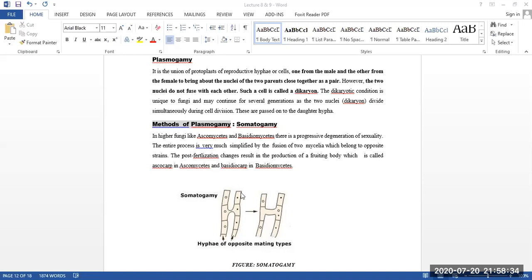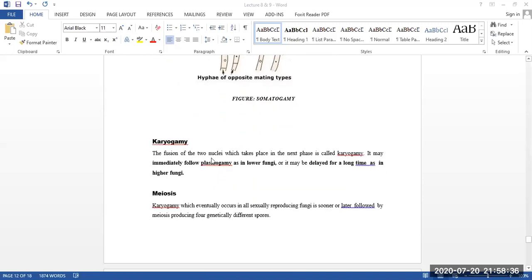Then it goes to the second process, called karyogamy. The fusion of the two nuclei, which takes place in the next phase after plasmogamy, is called karyogamy. It happens immediately after plasmogamy in lower fungi, and in some higher fungi karyogamy comes some time later after plasmogamy.